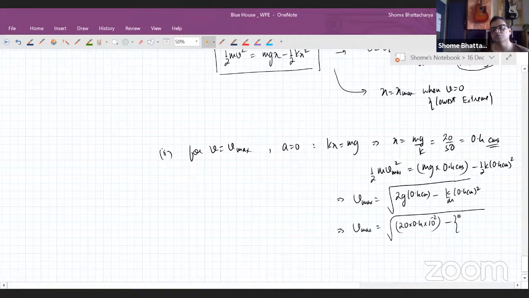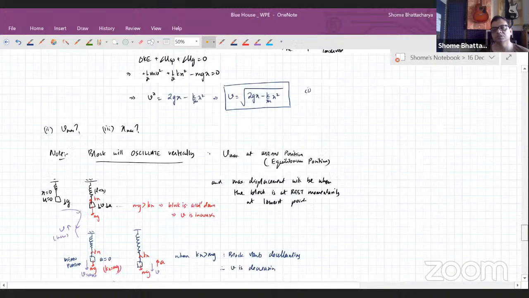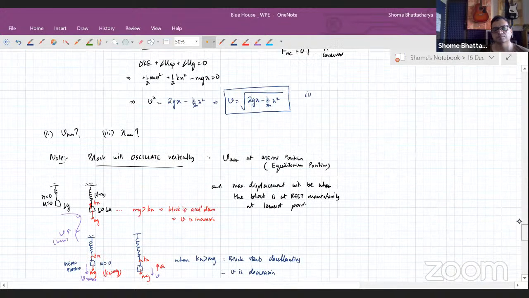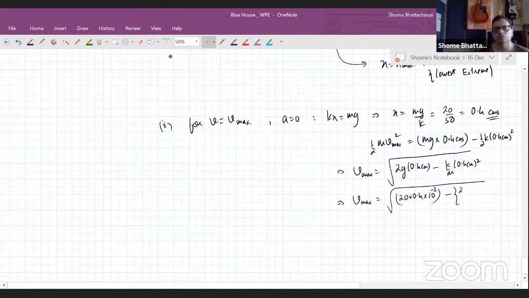Now k by m, you'll remember, was k was 50 Newton per centimeter. Okay. So we will substitute that in Newton per meter, divided by mass was 20 kgs, I mean 2 kgs, into 0.4 into 10 raised to minus 2 square.